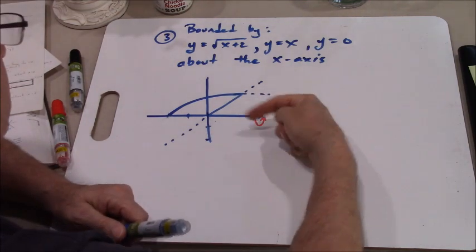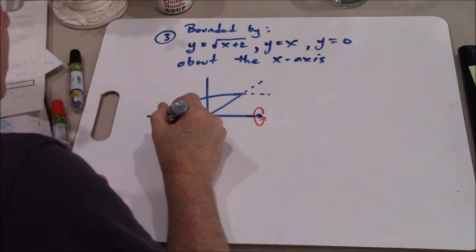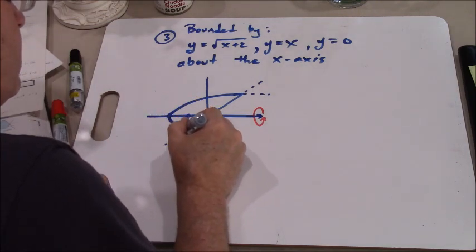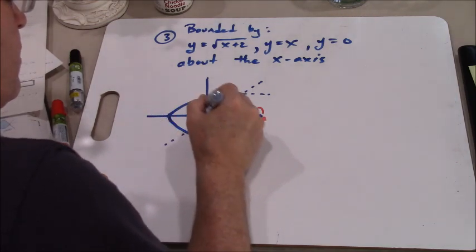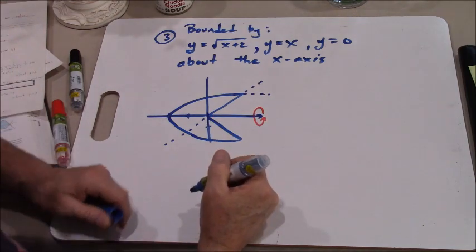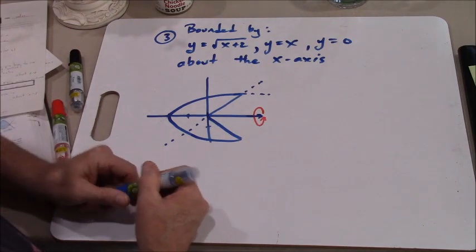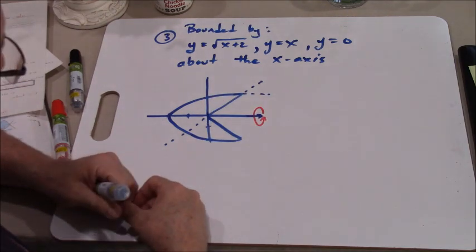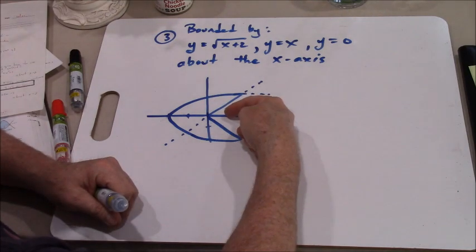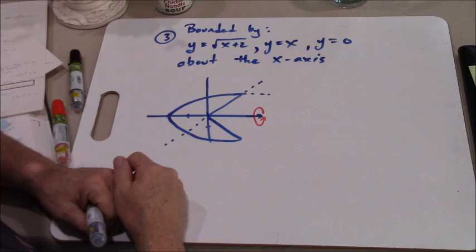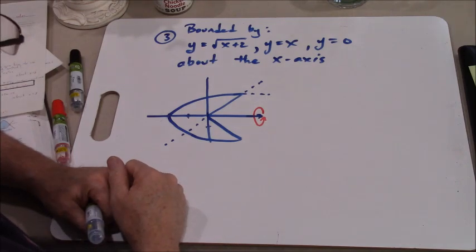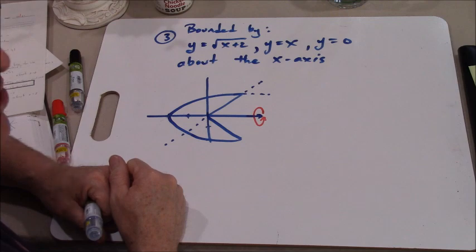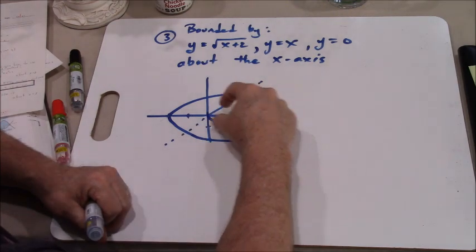So when I rotate it this way, I will get another curve like this. If you rotate that around, it almost looks kind of like a semi-hollow bullet, maybe. But this would probably be hard to do with the washer method because it's not hollow all the way through.